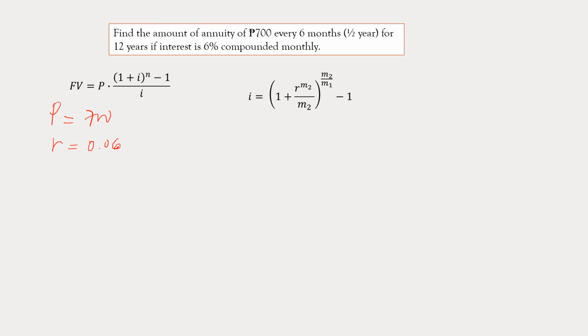So again, if we were to enumerate the given, our P or the present value is 700. Ang rate natin ay 6%, so 0.06. Ang M sub 1 natin ay ang periodic payments niya. Ilang beses ba siya nagbabayad sa isang taon? So, every 6 months. So, 2 beses. Ang M sub 2 natin is compounded monthly. So, how many months in a year?